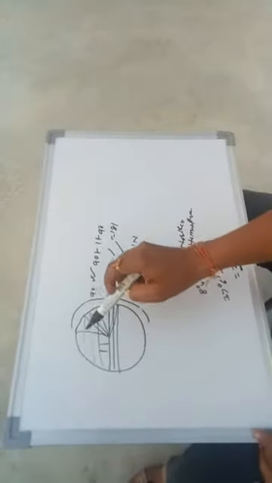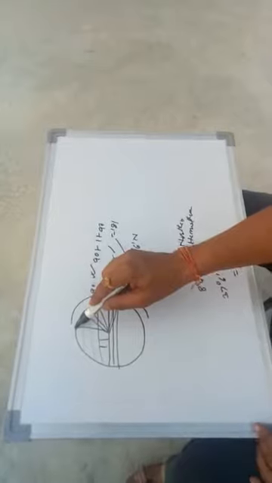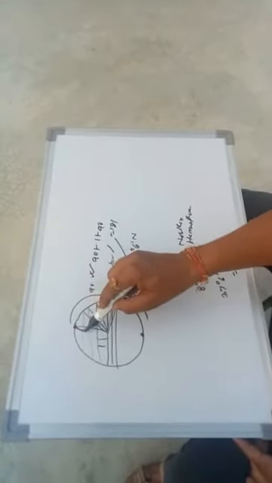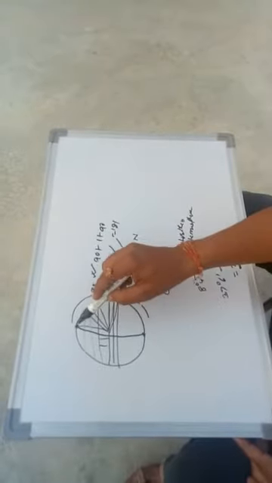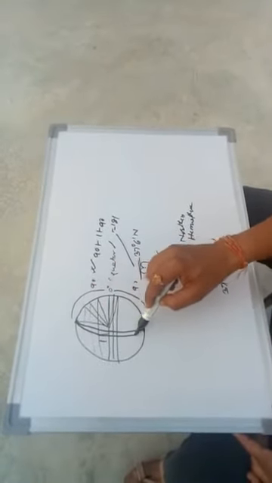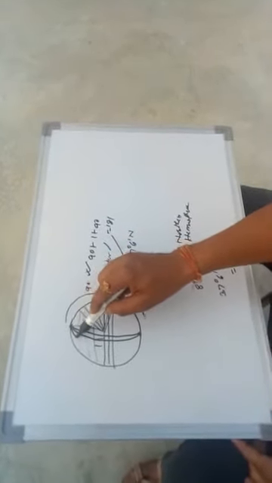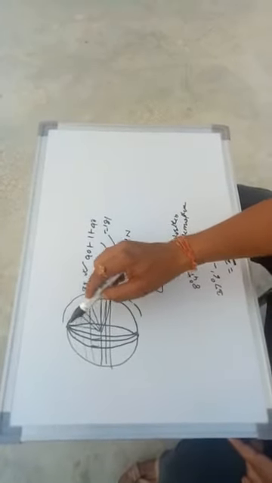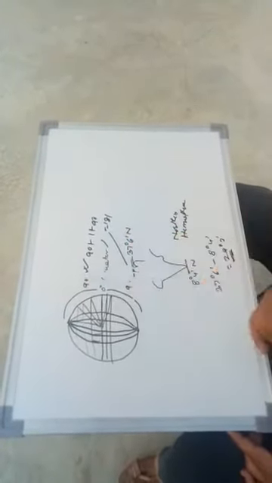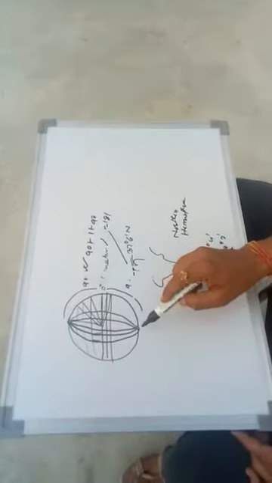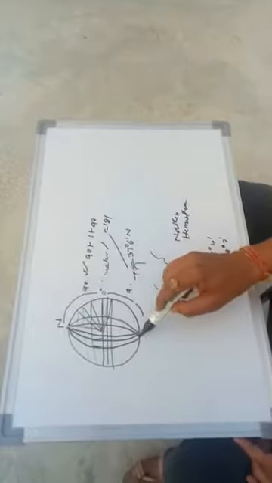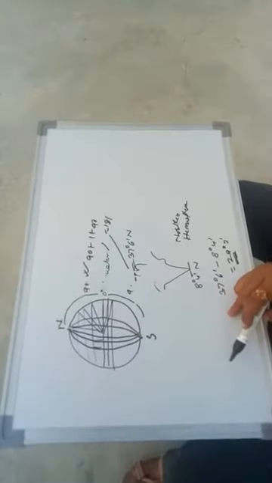Another line starts from the North Pole to the South Pole. It makes a curvature due to the shape of the earth. These lines meet at the poles, at the North Pole and also at the South Pole.